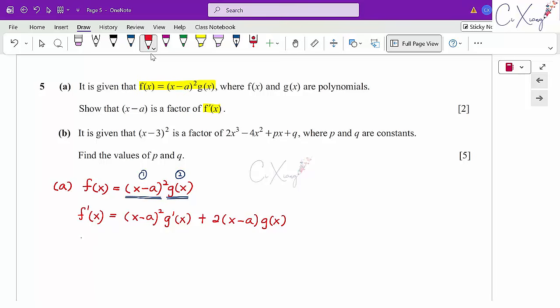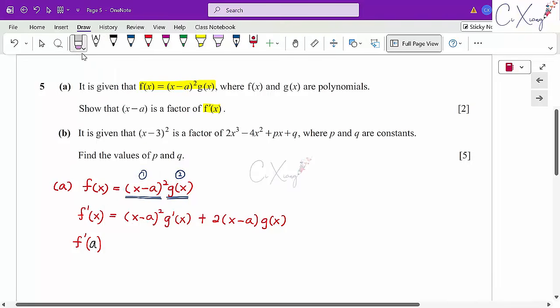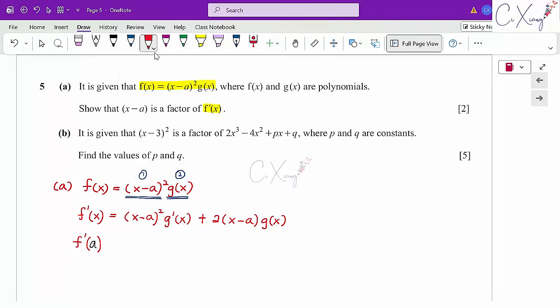And now, to prove that x minus a is also a factor of the polynomial, what I need to do is substitute the a inside the function f prime. If I do so, I have a minus a, then I get a 0, multiplied with g prime x, then plus a minus a, which is also 0, multiplied with g x, right?